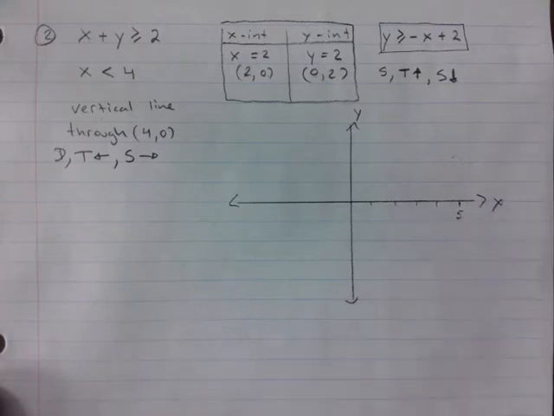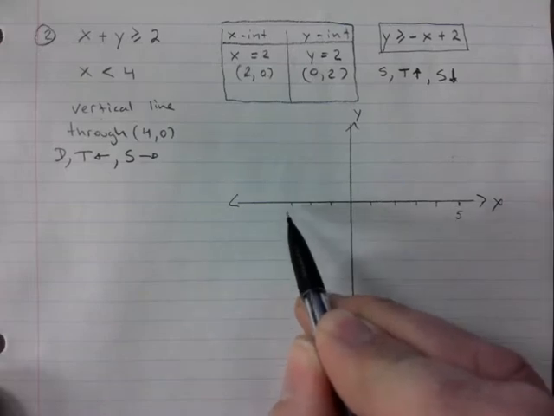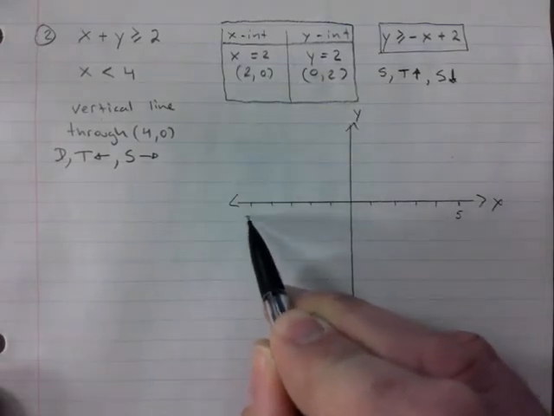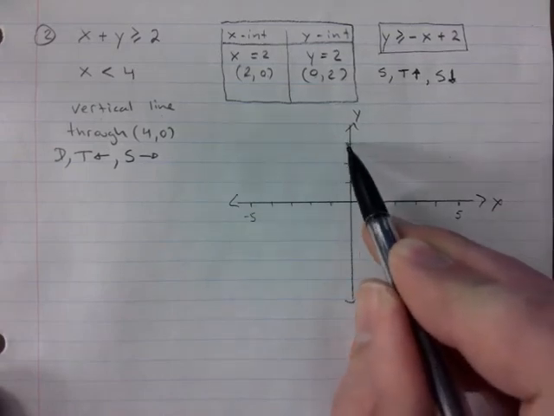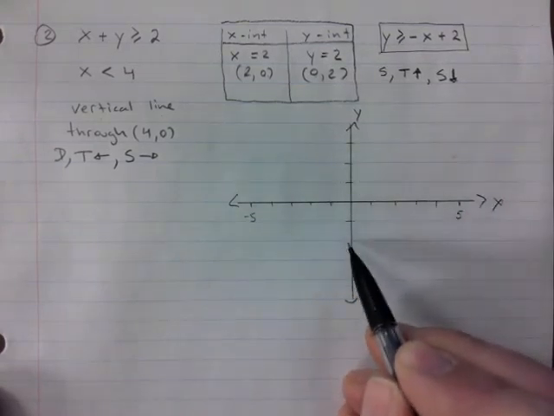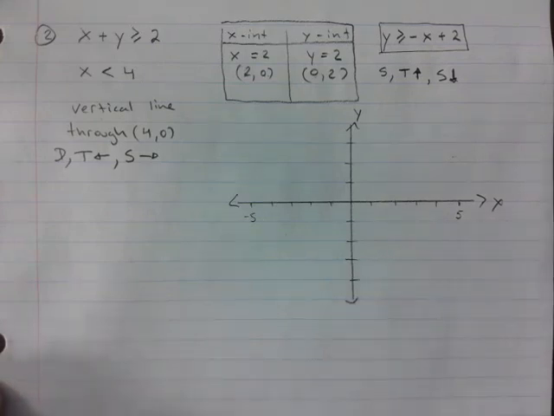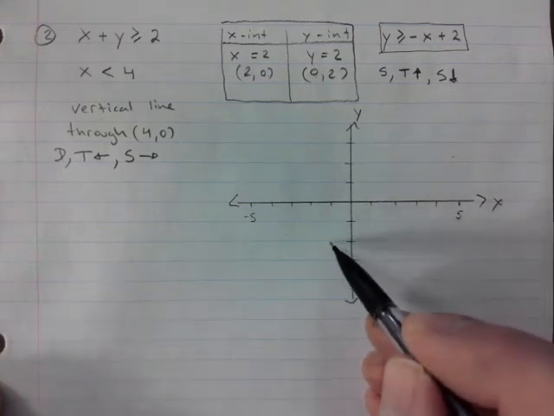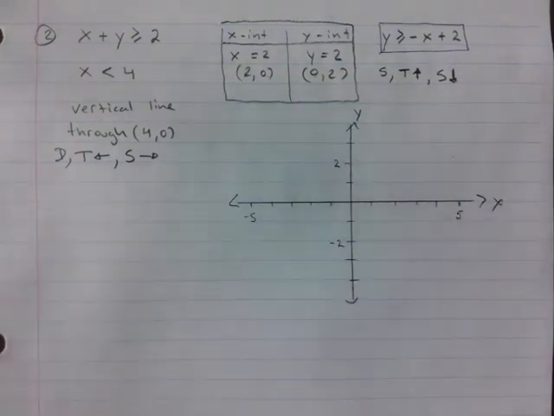I'm just going to do the courtesy of letting you know anyways. 1, 2, 3, 4, 5. And 1, 2, 3. I'm just going up by 3 there. And that's good enough. Maybe I'll label here -2 and up here 2, and that's so you're still telling me that your scale is 1, right?